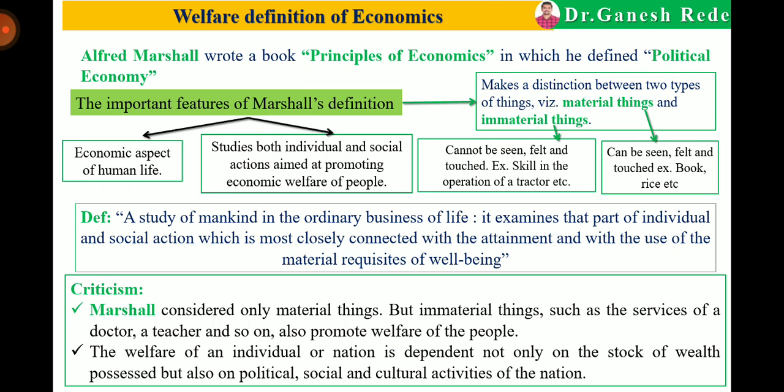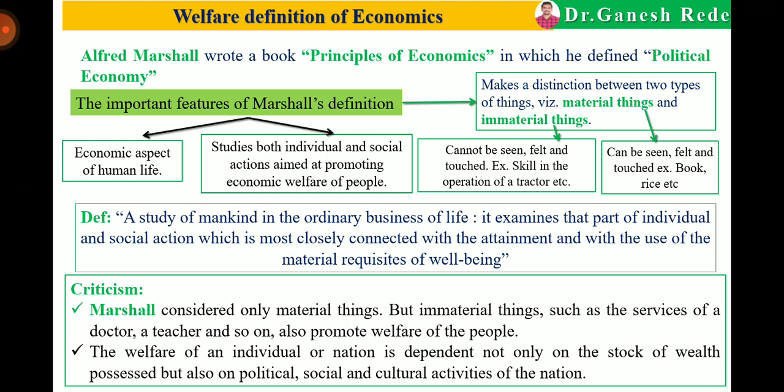Now, according to Marshall, the welfare definition of economics is that economics is a study of mankind in the ordinary business of life. Study of mankind means study of human beings in the ordinary business of life. Ordinary business of life means day-to-day life or general life.